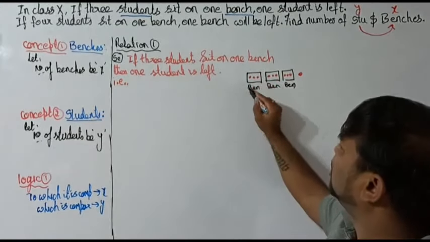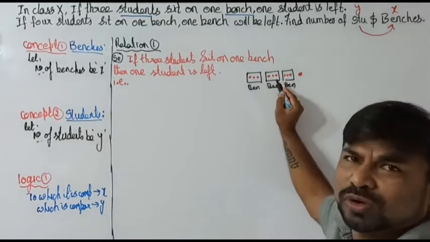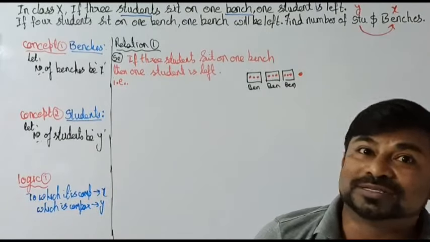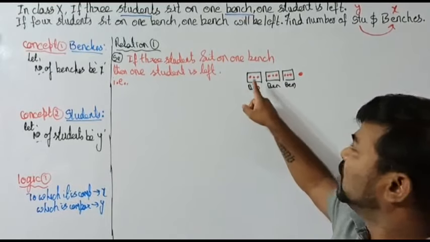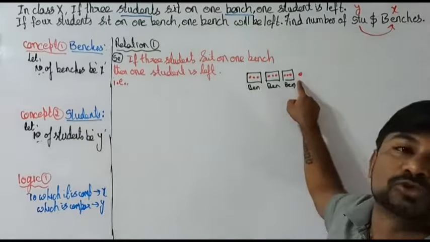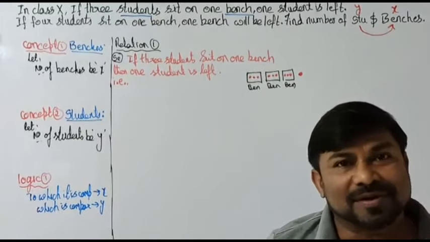So here the black and the red colored dots are nothing but the students. How many students are there? 3 times the number of benches plus how many students are left? 1 student is left.